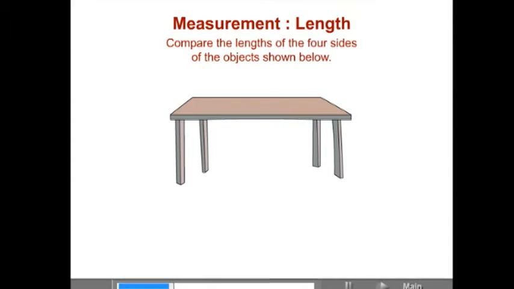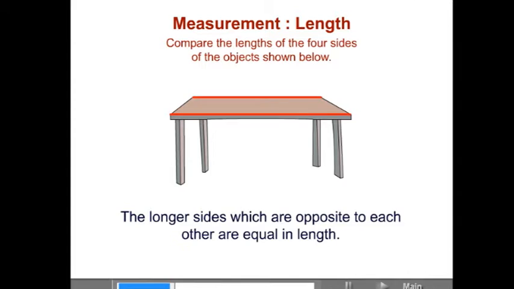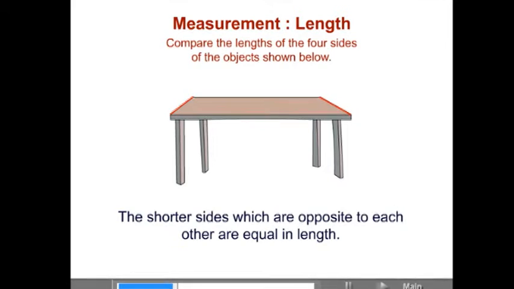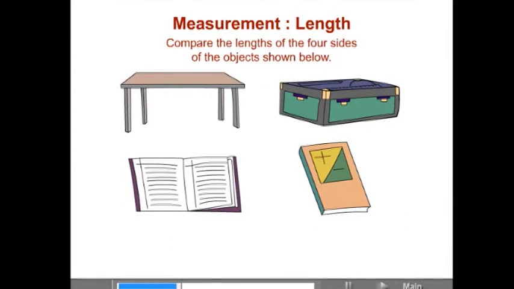You can also see that the longer sides, which are opposite to each other, are equal in length, and the shorter sides, which are also opposite to each other, are equal in length. You can observe exactly the same with the geometry box, the open notebook, and the mathematics textbook.